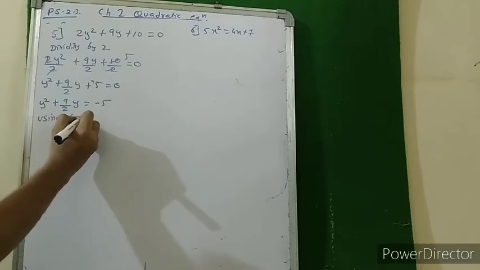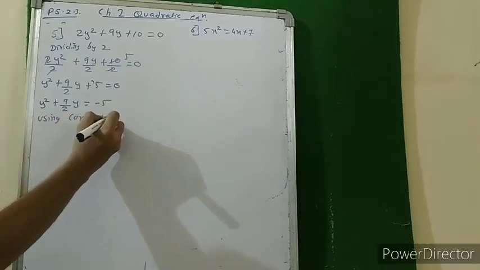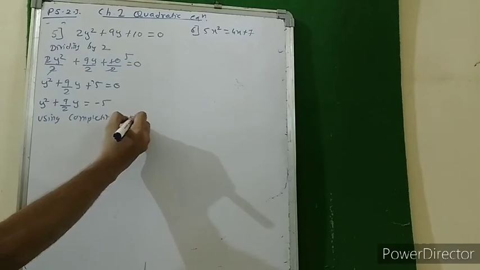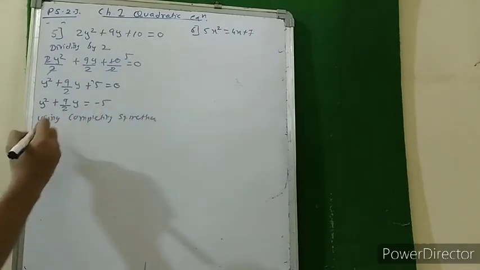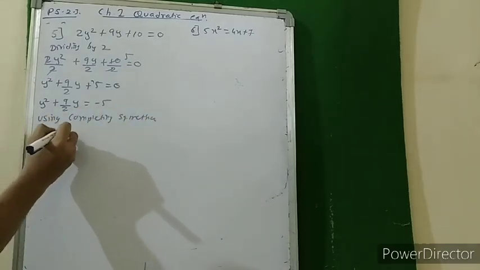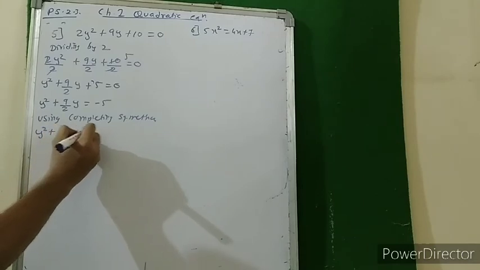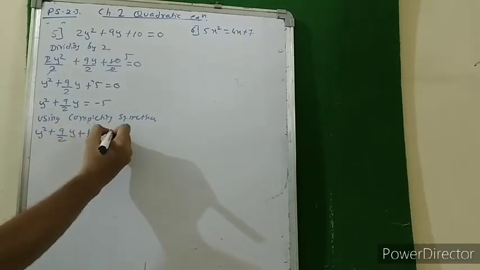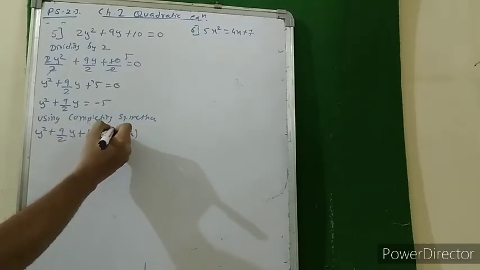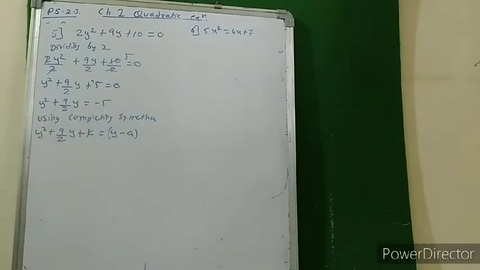Using the completing square method, I will write y square plus 9 upon 2y plus k is equal to y minus a the whole square.